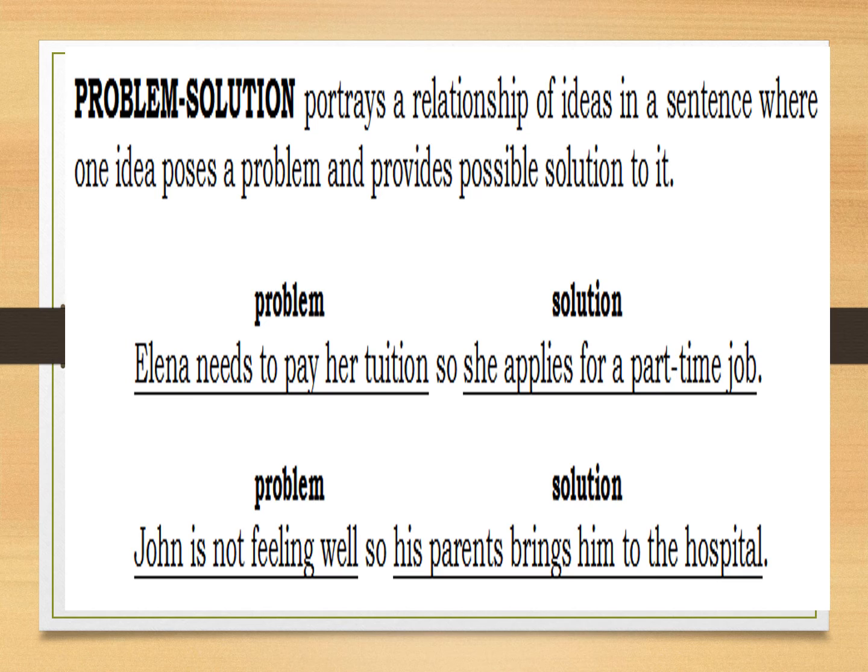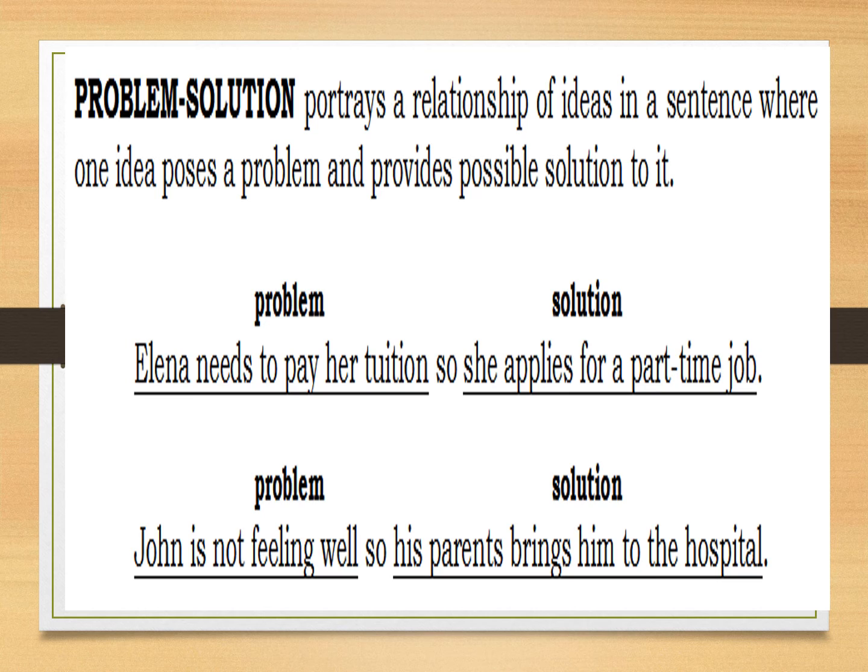Let's move on to problem solution. It portrays a relationship of ideas in a sentence where one idea poses a problem and provides possible solution to it. Examples: Elena needs to pay her tuition fee, so she applies for a part-time job.